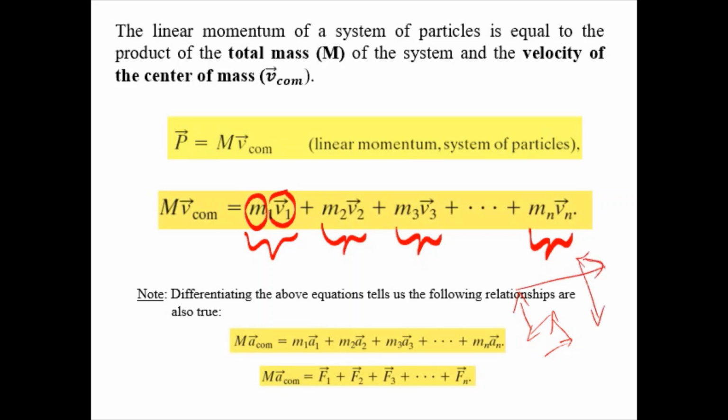You add them all together, all the momentum vectors, and what you're going to find is that you end up with an answer that's equivalent to taking the entire mass of the entire system, where this is M1, M2, M3, M4, all of those added together, the entire mass of the system, times the velocity of the center of mass.